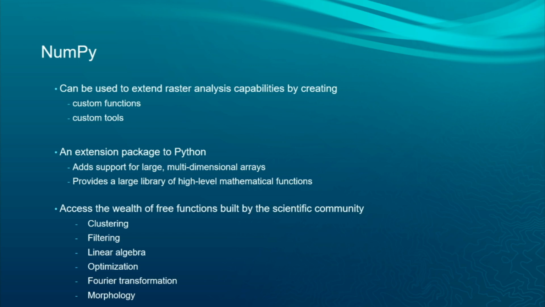So a raster is nothing but an array. That's why a NumPy array is very useful when we're talking about raster. It can be used to extend our existing capability to do custom analysis. It's an extension package to Python, you know about it, and all the exciting things that it can offer.